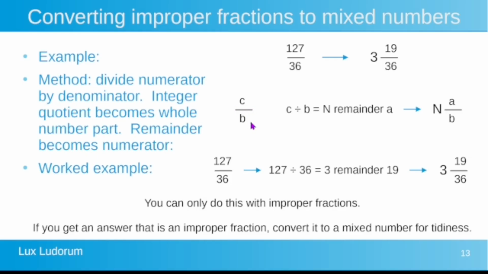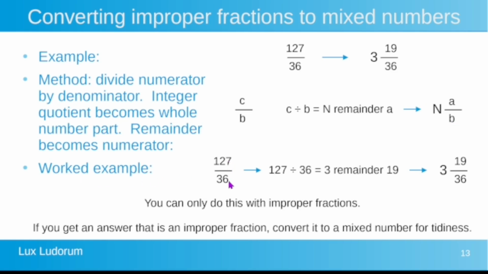Given c over b, c divided by b is equal to some integer part n with a remainder part a. And we don't do this as a decimal, we do it as a something remainder something else. And then we write that as the integer part n with a over the denominator b.